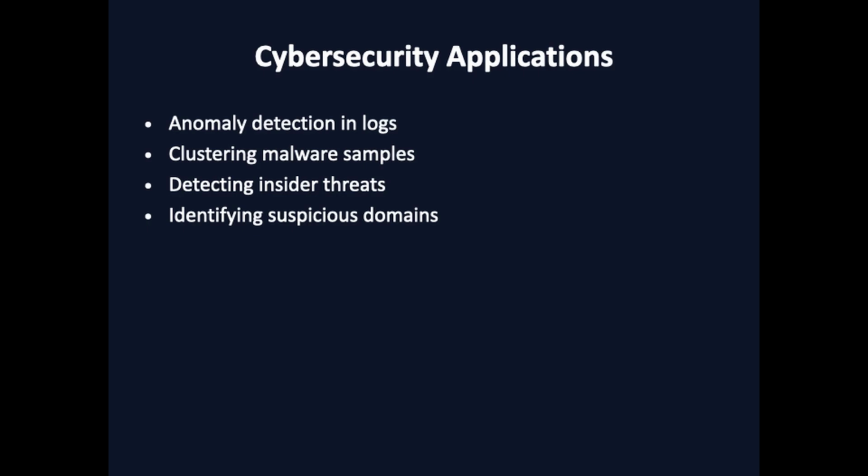So we talked a little bit about some of the cybersecurity applications here for unsupervised learning specifically. We talked about anomaly detection. We talked about clustering, malware, insider threat detection. We haven't really talked about DNS queries, and that's another area where we might use unsupervised learning.